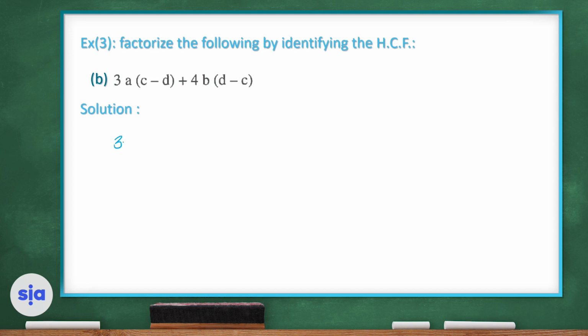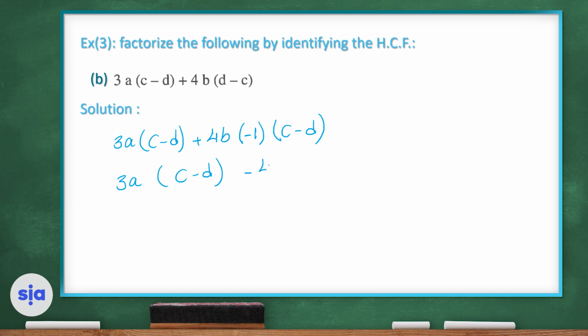If you multiply d minus c by minus 1, you can make it c minus d. So it will be 3a times c minus d minus 4b times c minus d. Take the HCF as c minus d, and then you multiply by 3a minus 4b.